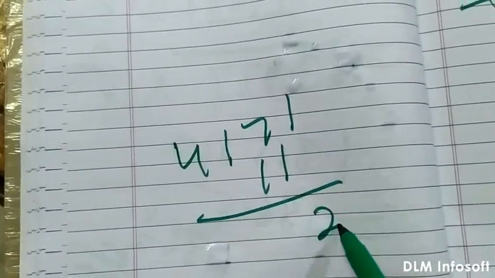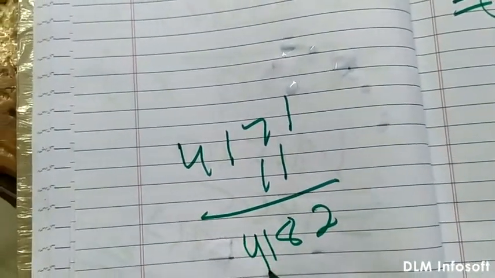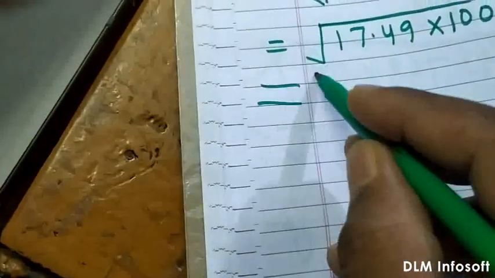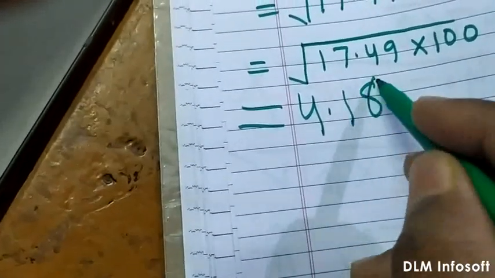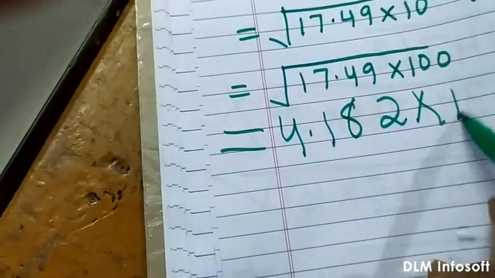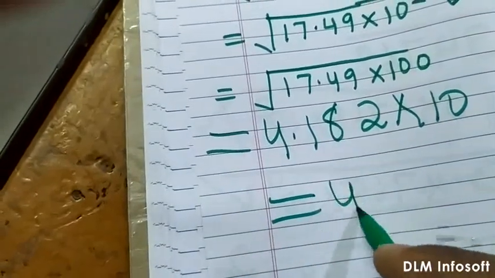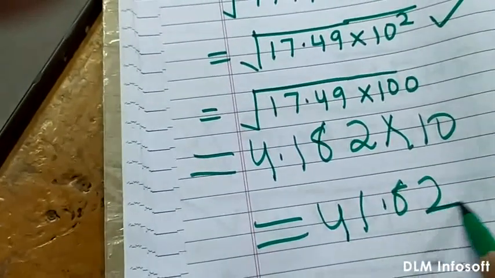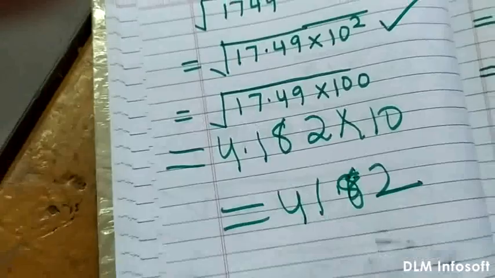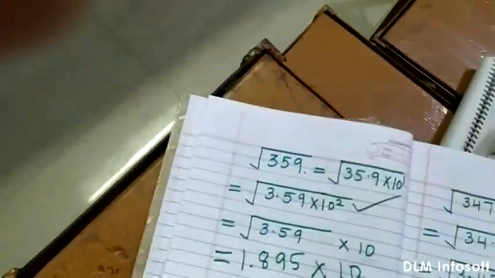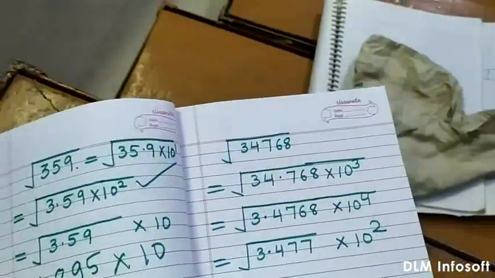So this is equal to what? 4182. So it will be 4.182. What is the square root of 100? 10. So it is 41.82. It is 41.82.